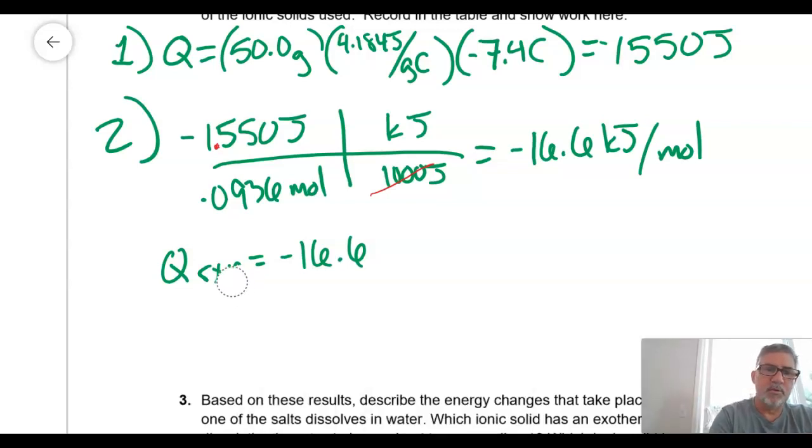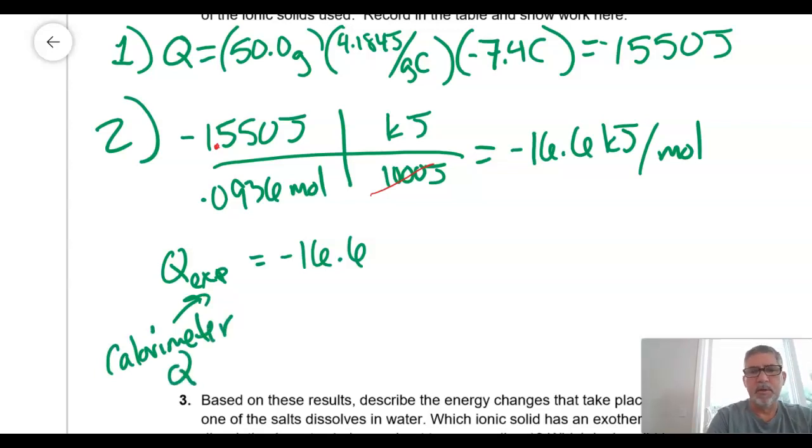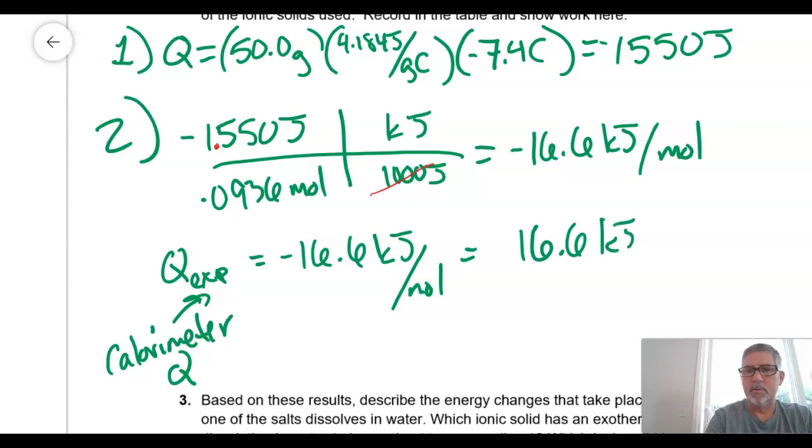This is Q of my experiment, the calorimeter. That's my calorimeter Q, kilojoules per mole, equal to negative 16.6 kilojoules.